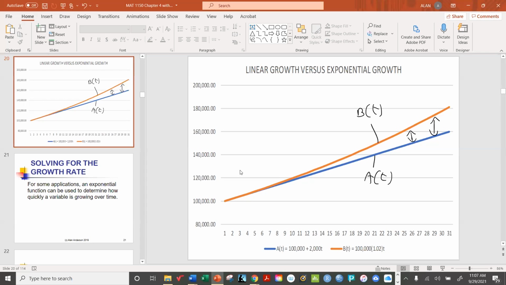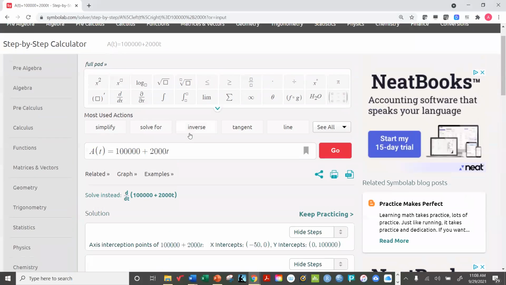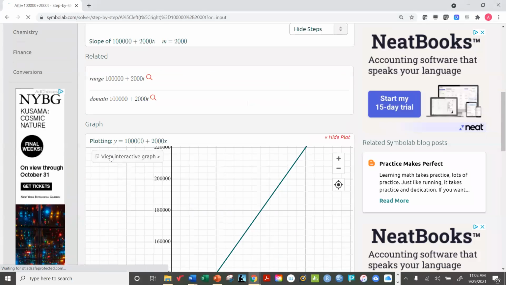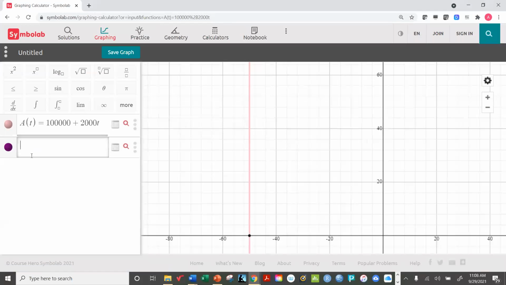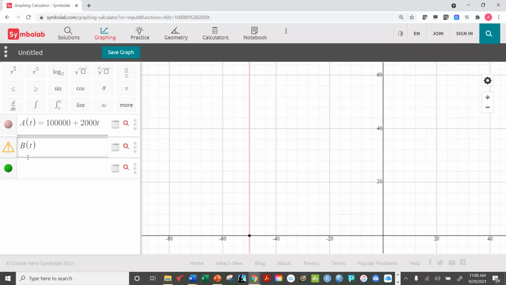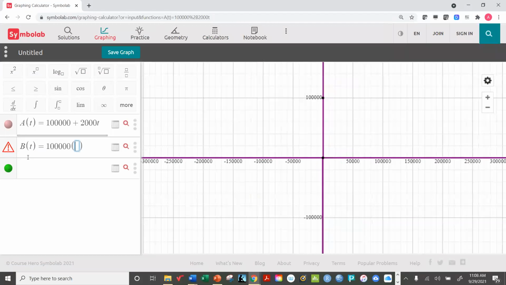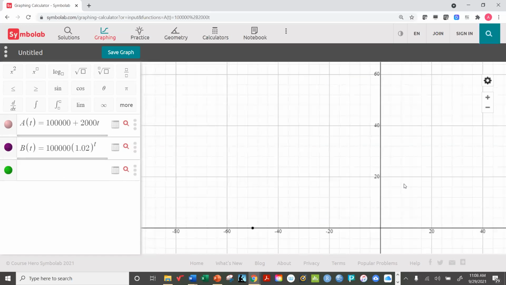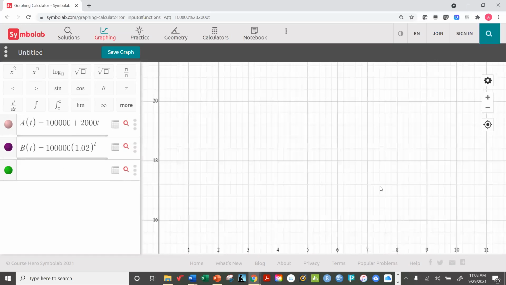Now, I think if we go back to Symbolab, we should be able to get this together here. Let's go to the interactive graph, and now B of t will equal 100,000 times 1.02 to the t power. All right, so what have they done for us?